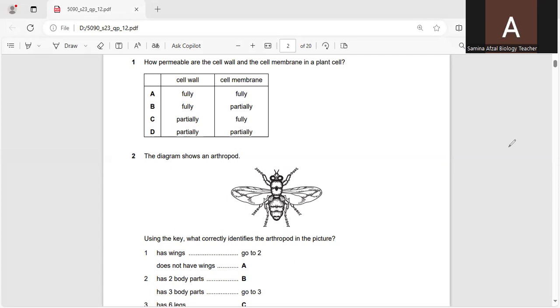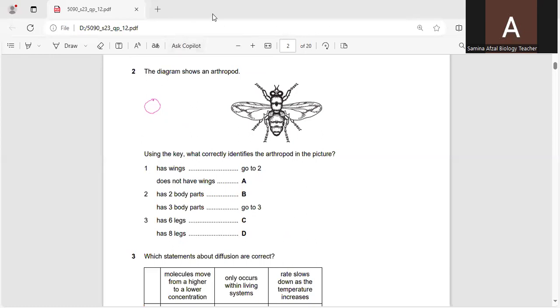The cell wall is fully permeable, whereas the cell membrane is partially permeable as it has to select some molecules to pass through it. So the correct option for this question is B. Option A, in which they have both fully, no, this is not the correct option. Only option B is the correct option.